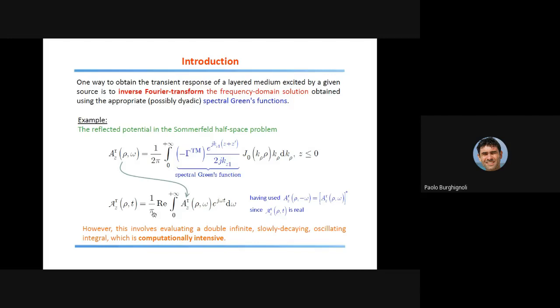So if possible, it would be better to have an analytical approach rather than a numerical approach to transients. And this is what the Cagniard-de Hoop method provides you, because in the simplest cases, it allows you to get rid of both these integrals and to produce a solution which is expressed in closed form.